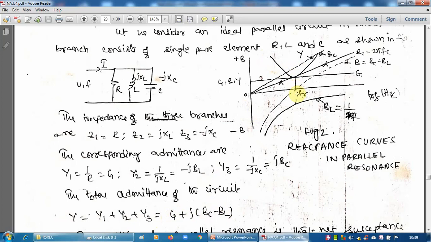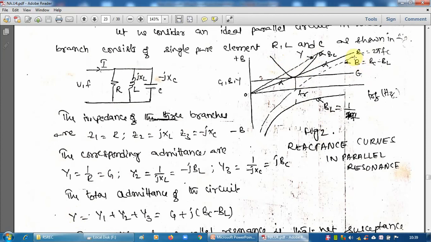This occurs at the resonance frequency. If we go on increasing the frequency beyond this resonant frequency, Y is minimum and then Y increases again. So the magnitude of admittance varies with frequency like this.